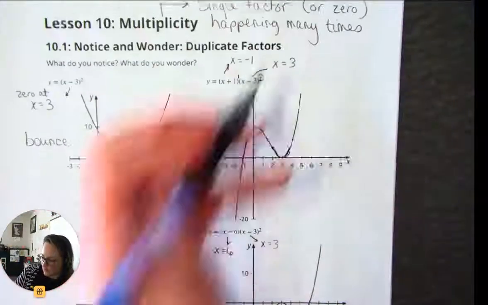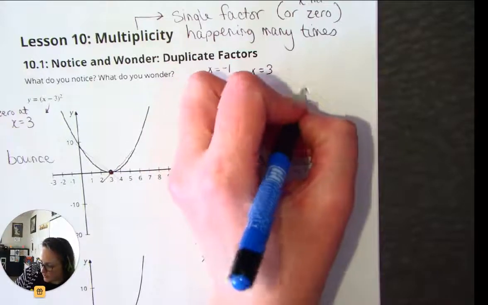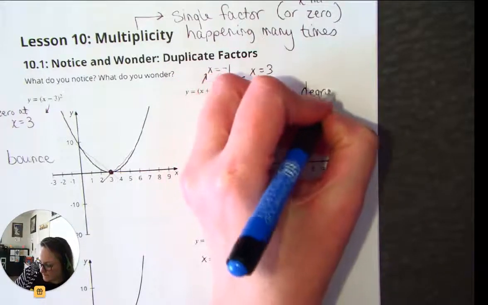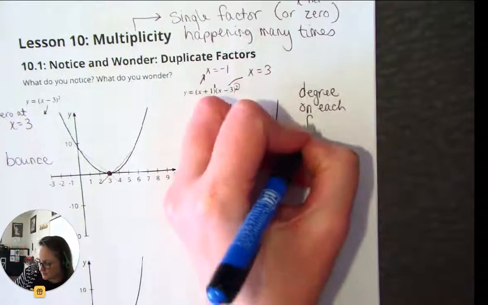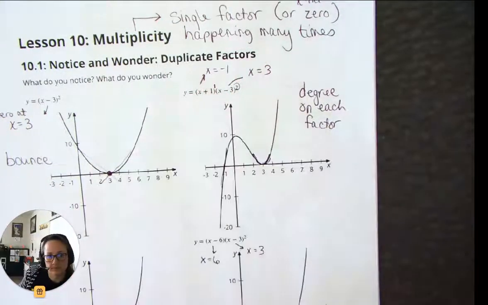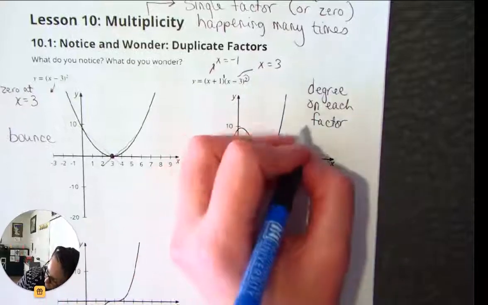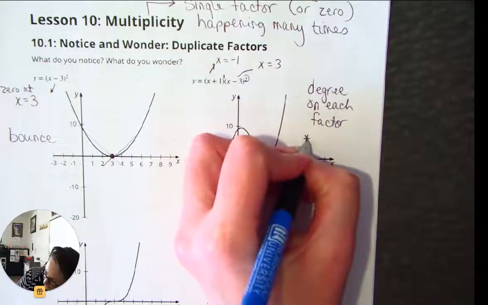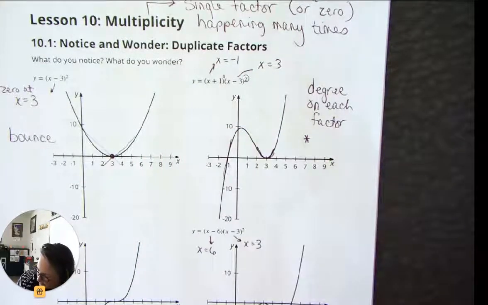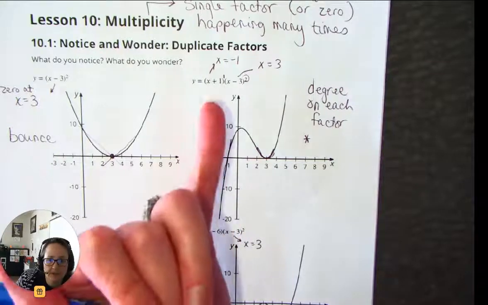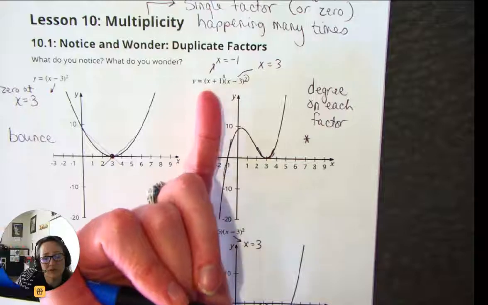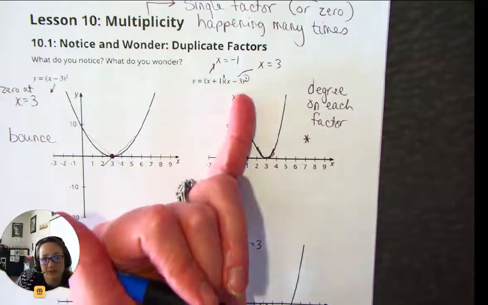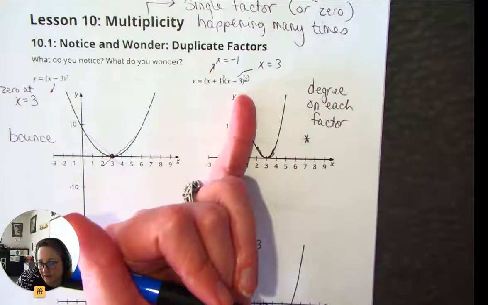So something that we can say is that it is the degree on each factor, and it tells us a couple things, right? It's going to tell us how many times that factor happens. And when we're looking at the degree of a polynomial, we would have to look now at all of the degrees on each factor.